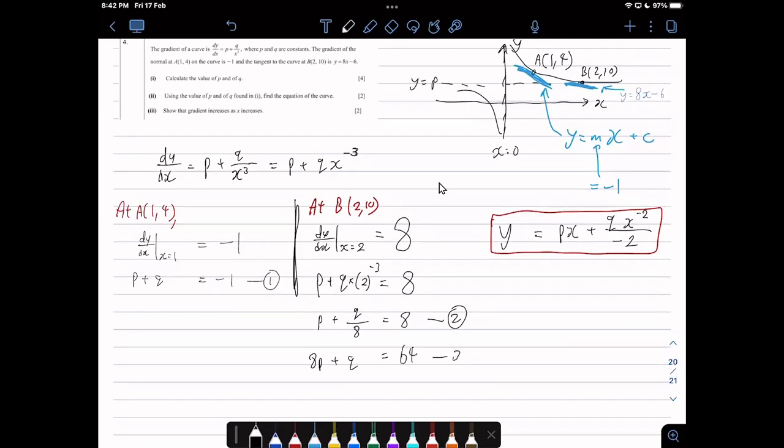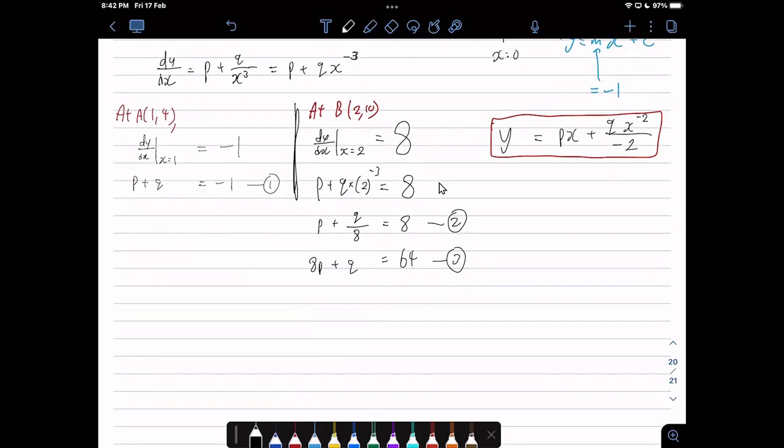It's the same. I can just use a calculator now. Let's say I don't want to use a calculator. Then I will multiply by -1. So it's -p minus q equals +1. I'll call this 1 prime. Then I'll take 1 prime plus 3.